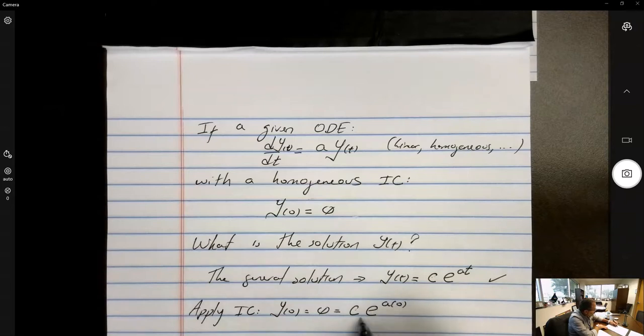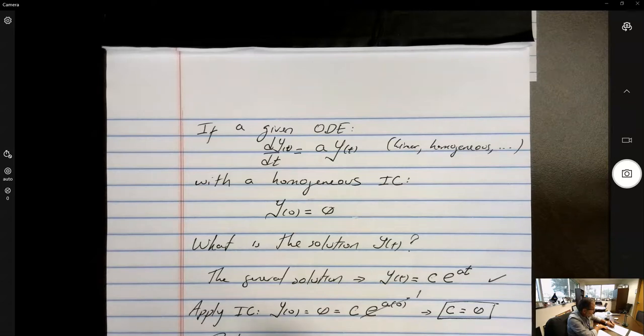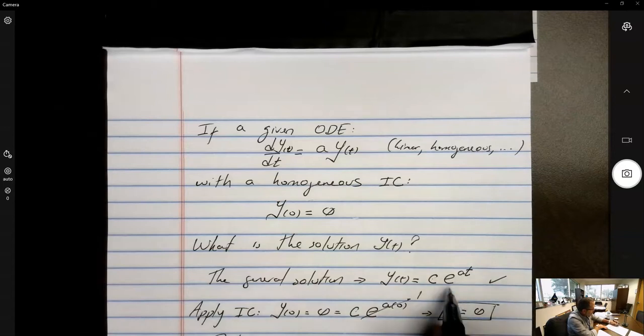That exponential is 1, and that just simply means that c is equal to 0. So if c is equal to 0, then the particular solution, if this is the general solution and c gives you the particular solution, then y of t is equal to 0. So this is a trivial solution.